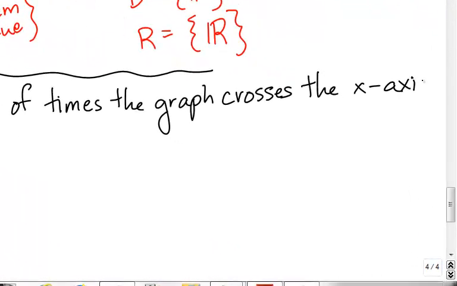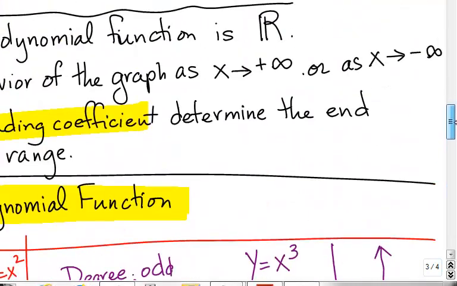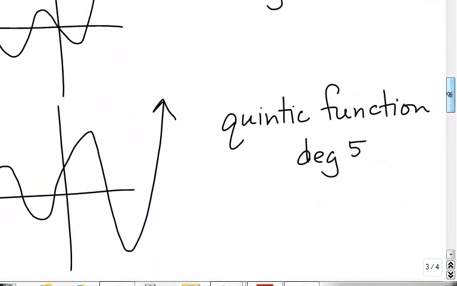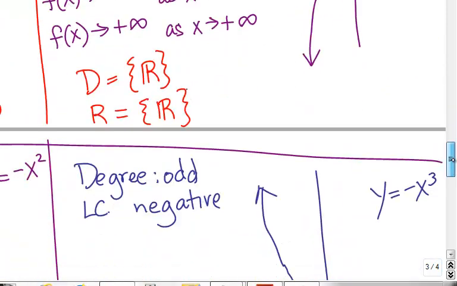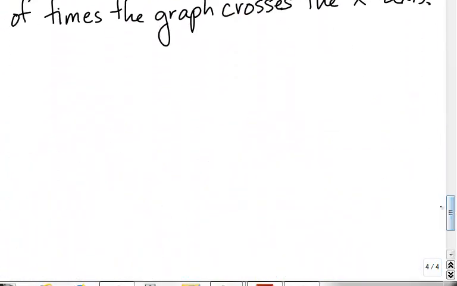And they may ask you to actually solve them. Where does it cross the x-axis? But if you look, you just count. Go back up to these graphs. If I said how many real zeros in the quartic graph, the way I've drawn it would be 4. I could draw it where it just crosses 0 times or twice. So for real zeros, they're asking the number of times it crosses.